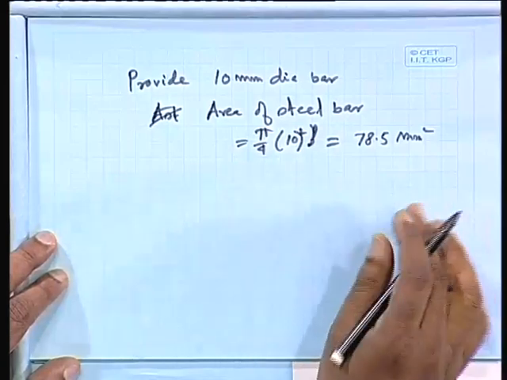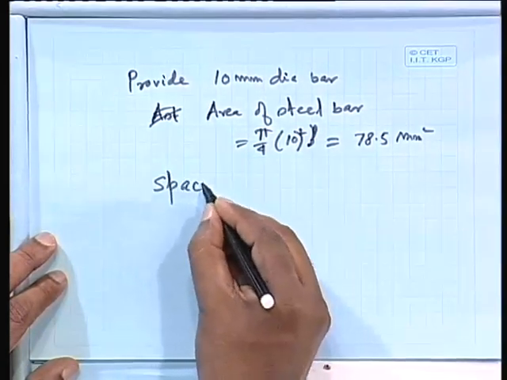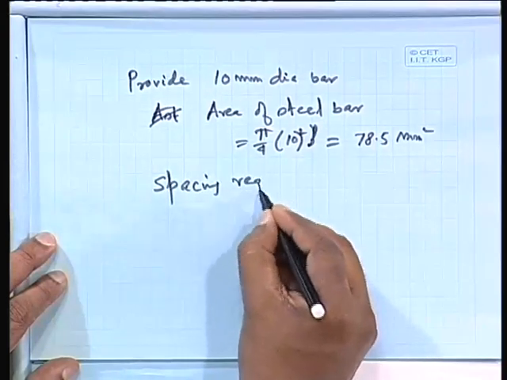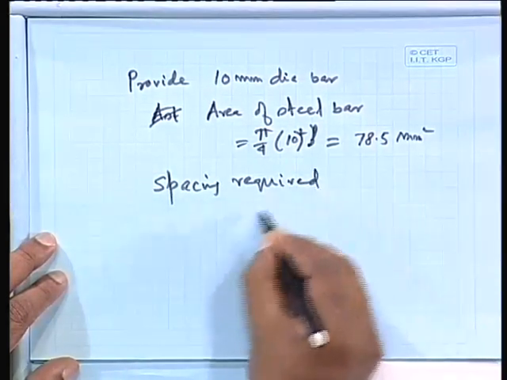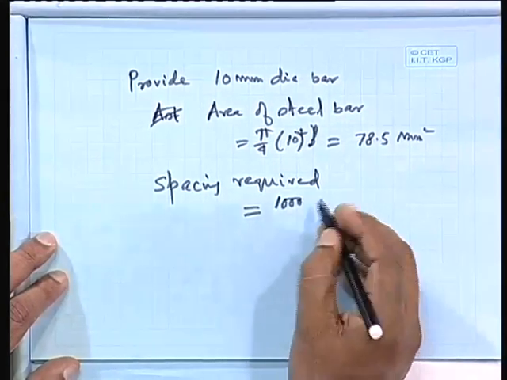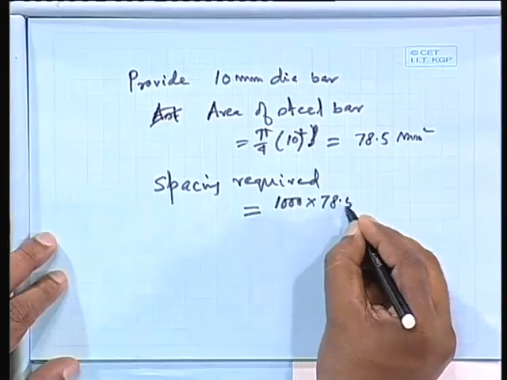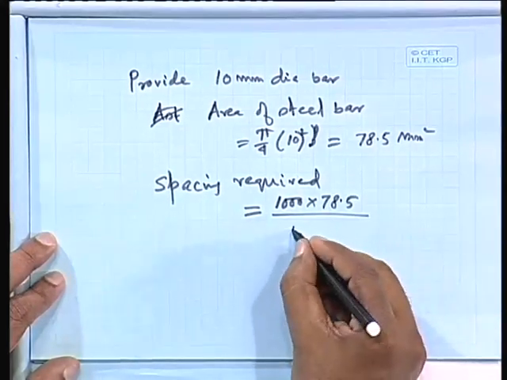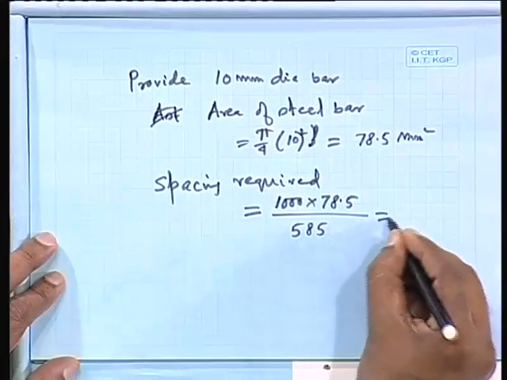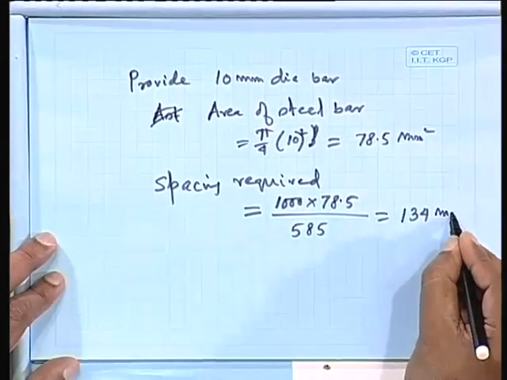So the spacing required is equal to 1000, because we have to calculate on the basis of 1000 millimeter per meter width, times 78.5 divided by 585, which comes as 134 millimeter.